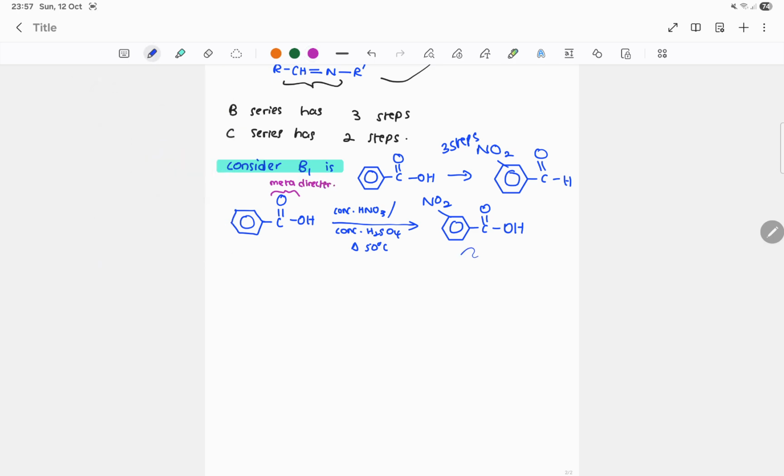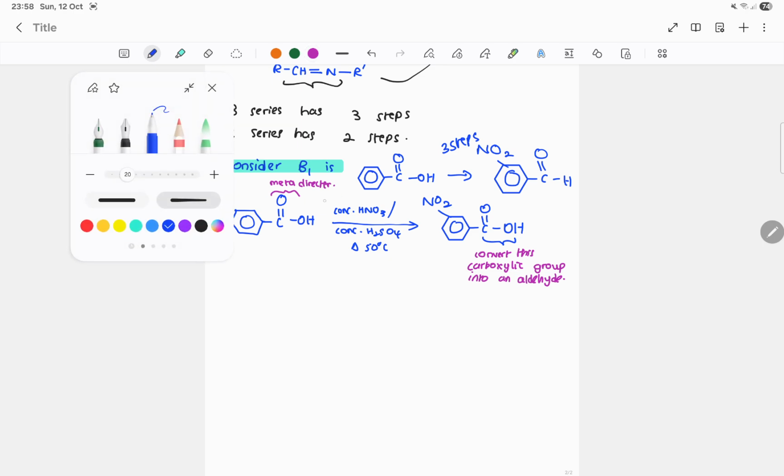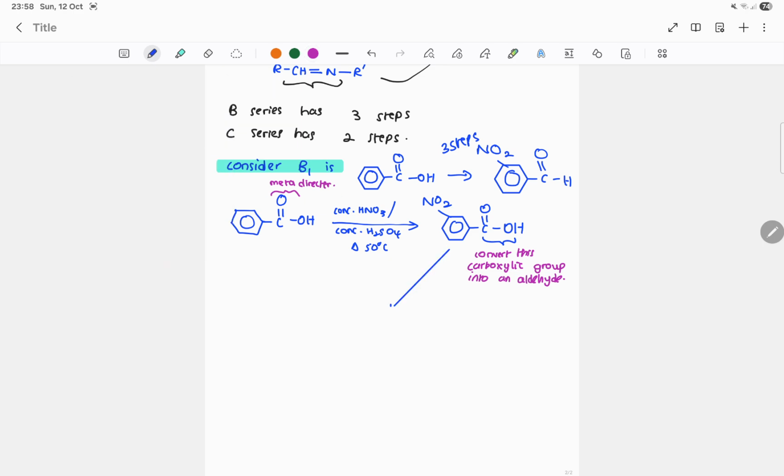Then I should convert this carboxylic group, this carboxyl group, into an aldehyde. Therefore, for this one I will prefer adding, let's say, LiAlH4 and then H plus H2O.